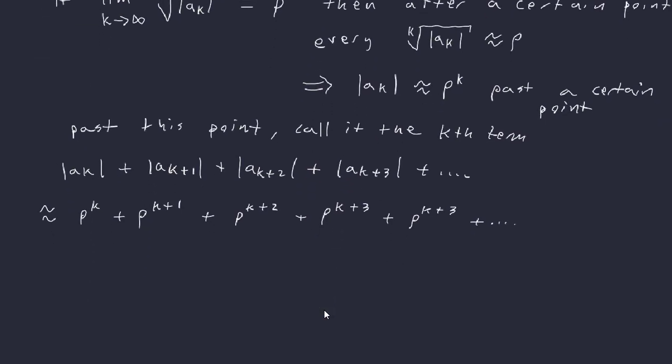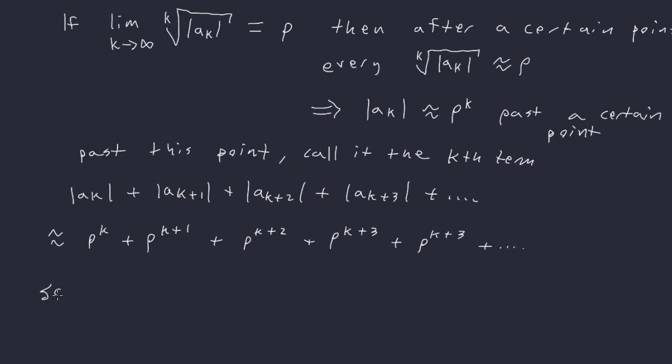So the absolute value series is going to be, well, it will be the first few terms that come up to K. So it'll be the sum from n equals, and actually I should do like I did last time and call that n.